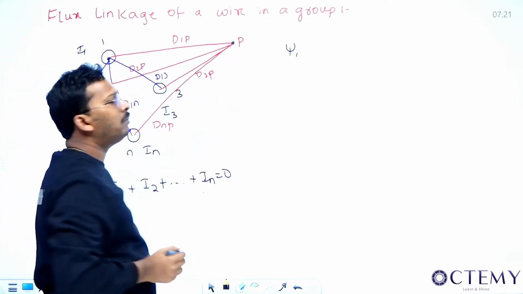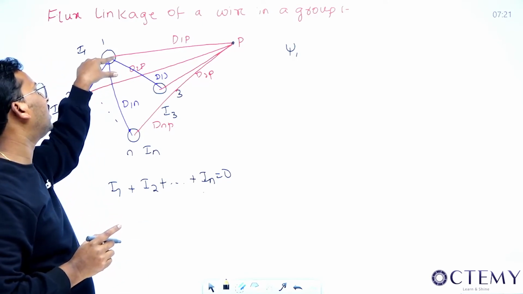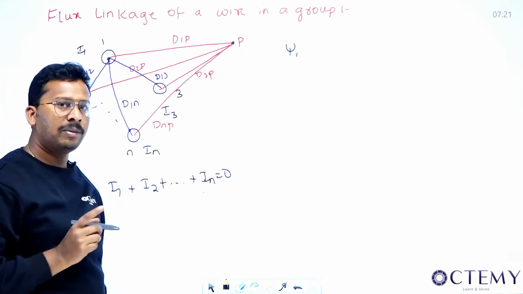Now, the point to remember is the flux linkage will not happen only because of the first conductor, but it will also happen due to the currents in the other conductors. Right? Remember this, sir.